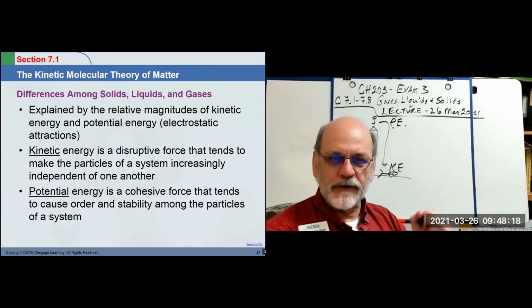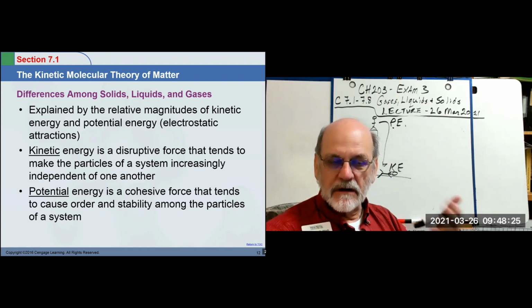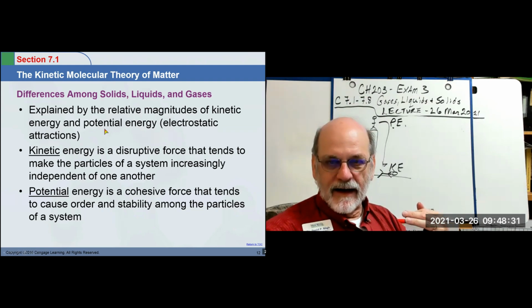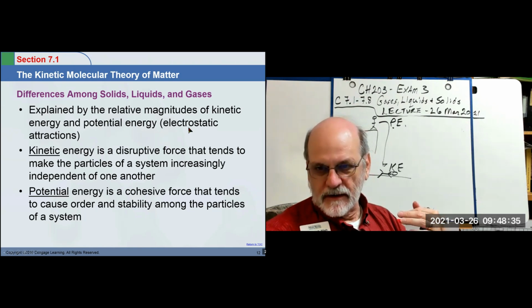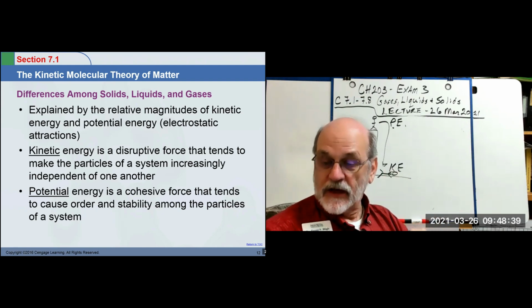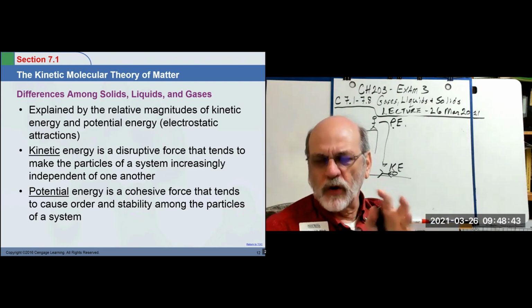So the differences among solids, liquids, and gases can be explained in terms of the kinetic energy and the potential energy of the substance. These attractions, and we're generalizing as electrostatic attractions, could be ions, or they could be those polar molecules.